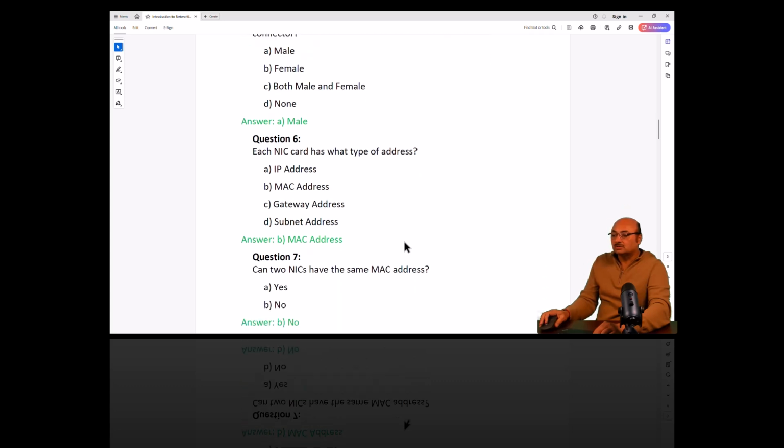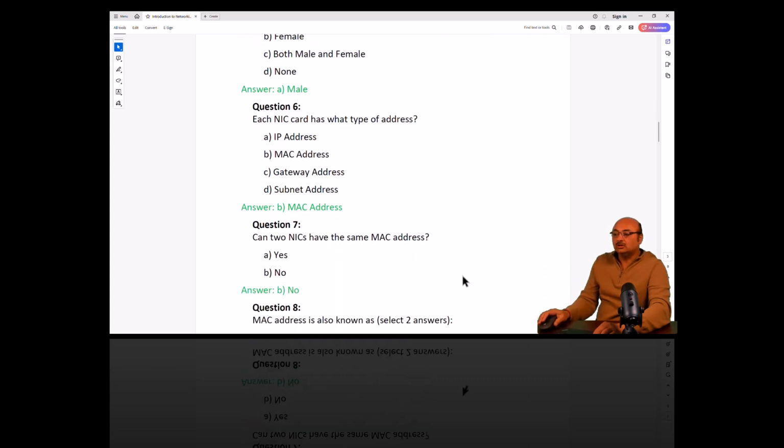Okay. Question 7. Can two NICs have the same MAC address? Let me modify this question. Can two hardware NICs, that are physical NICs, have the same MAC address? No. The answer is no. Different companies or organizations may manufacture NIC cards, but they have their own vendor ID, and accordingly one thing is for sure: no two NIC cards have the same MAC address.